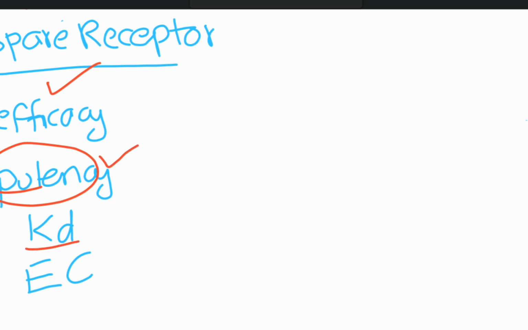KD is the concentration of the drug that is required to achieve 50% maximum binding effect on the receptors.